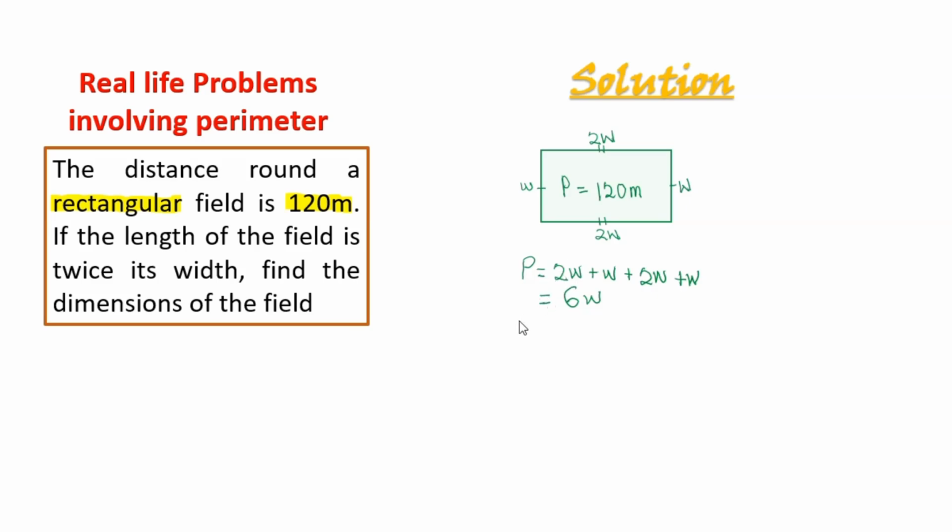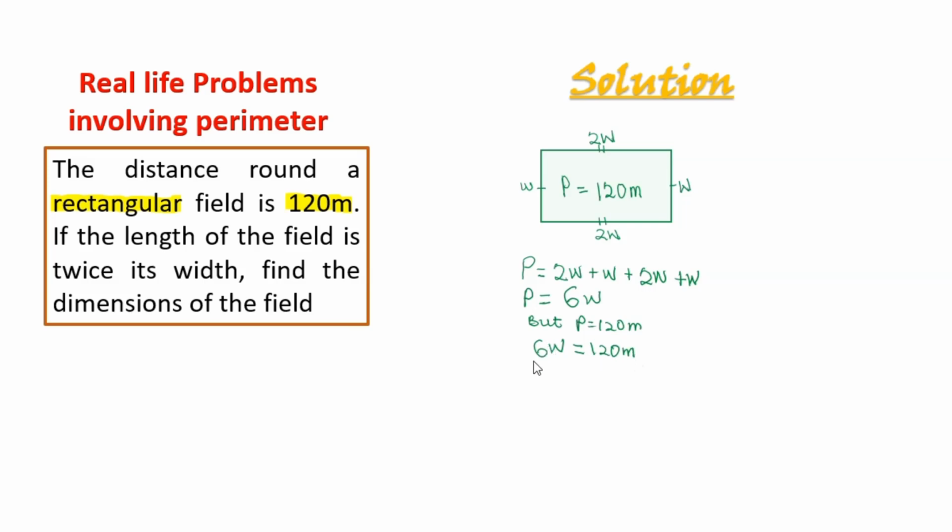Then we can say that the perimeter is equal to 6W. Now what is the perimeter? We know the perimeter was given to be 120 meters. Hence we substitute and say 6W will give us 120 meters.